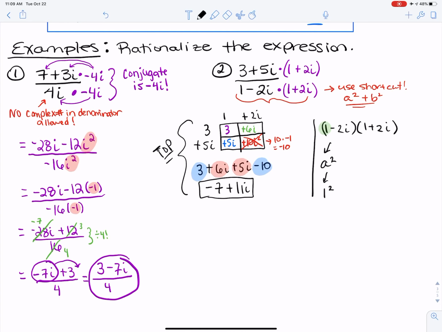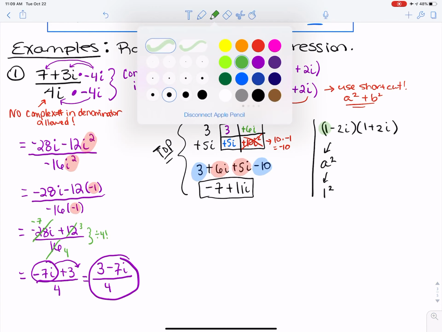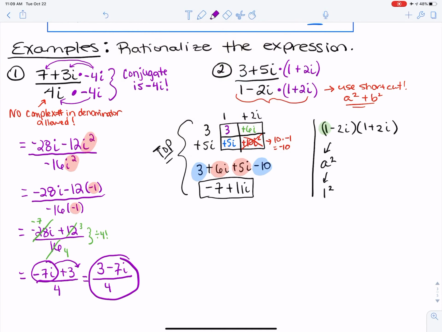And then my b squared, let's use purple. My b squared is the same b that's in the first set of parentheses, because we're just taking b and squaring it. So it doesn't matter what the sign is. My b squared is 2 squared. And then in the middle, you're going to add. So 1 squared plus 2 squared is 1 plus 4, which equals 5. And so this is the bottom.